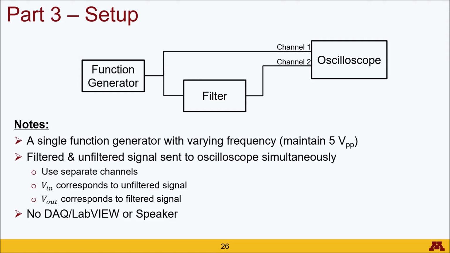You will then get both a filtered and unfiltered signal simultaneously being plugged into the oscilloscope, with the unfiltered signal going into channel 1 and acting as your voltage in, and then your filtered signal going through channel 2 and acting as your V out. And just to clarify, you will not be using a DAC or LabVIEW or the speaker for part 3.